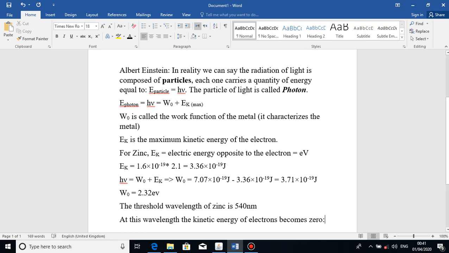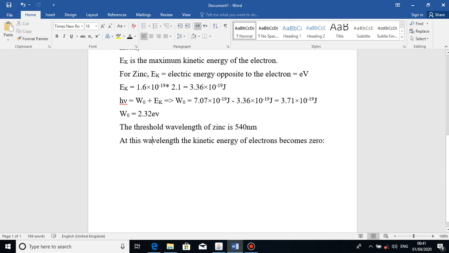Thus, if I use this formula, then this one is 0 and this one is h, we will call it nu 0.